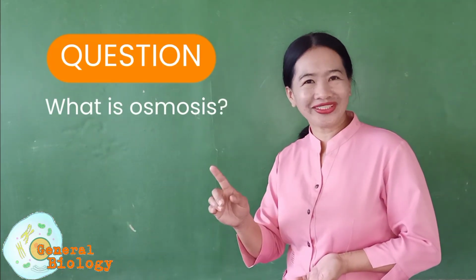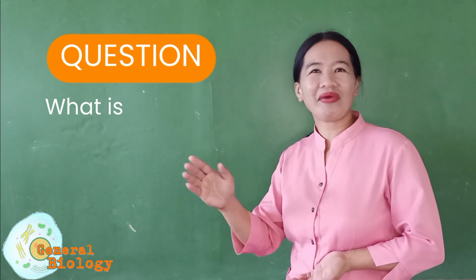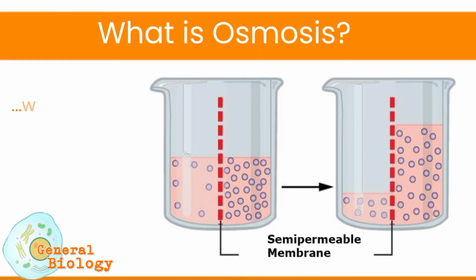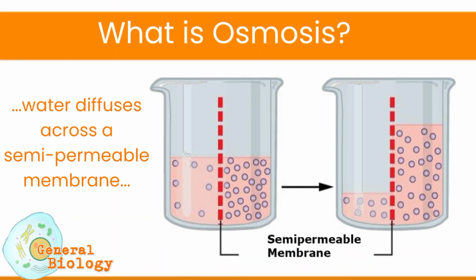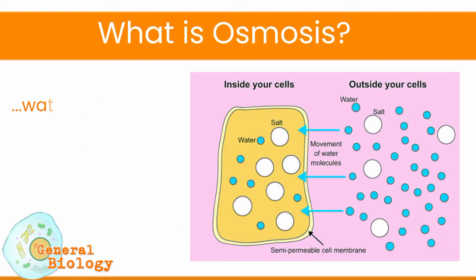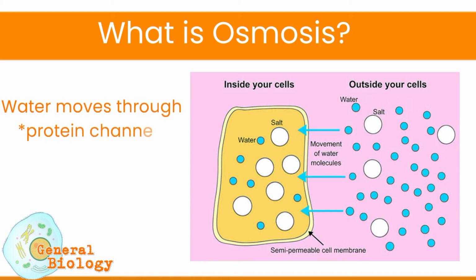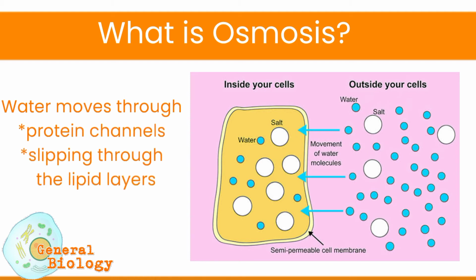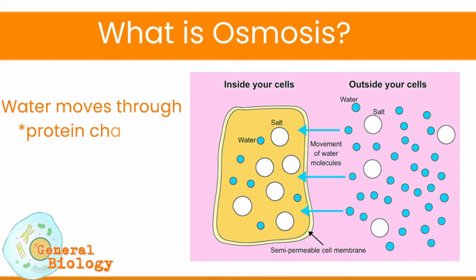What about osmosis? The image shows the diffusion of water through a semi-permeable membrane. Water can move freely across the cell membrane of all cells, either through protein channels or by slipping between the lipid tails of the membrane itself.